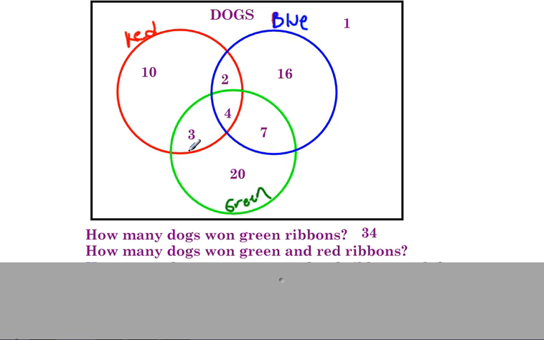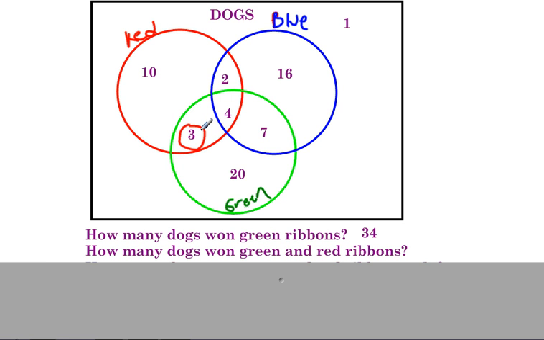You can find that, and it's easy in this one because they're color-coded. Here's green, and here's the red circle. This is where both meet. So if you look here, this 3 is inside the red circle and inside the green circle.